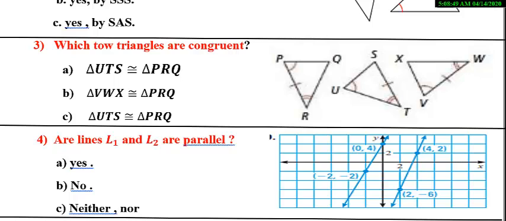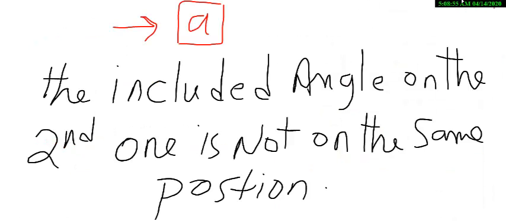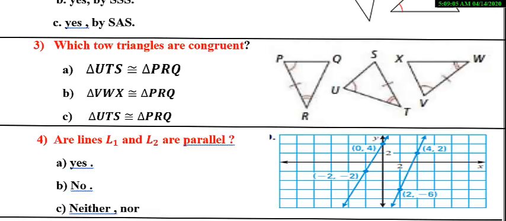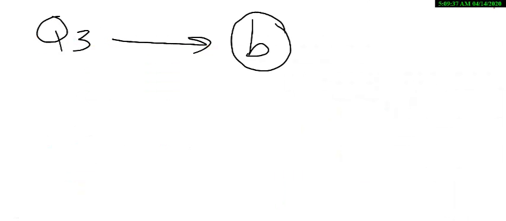So right now we got choice number B for the answer of question number 3. The answer for question number 3 will be number B. We need to write down the information from the given sketch.